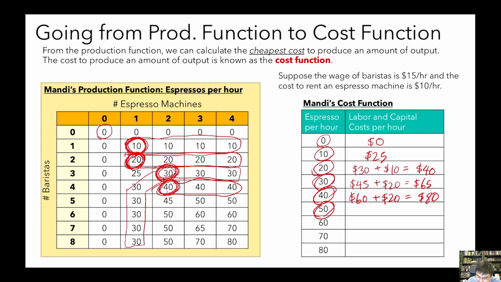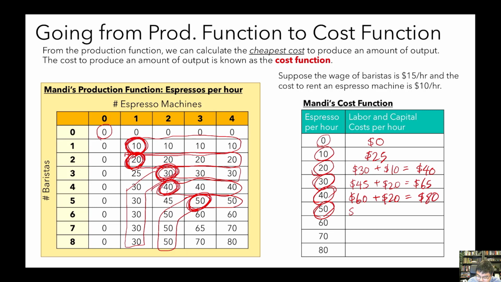Let's just do one more. So 50. How do we make 50 espressos per hour? These are the different combinations of inputs that give us 50. All right, again, espresso machines are cheaper to hire than baristas. And so the cheapest way for us to make 50 espressos per hour is to hire 5 baristas and rent 3 espresso machines.